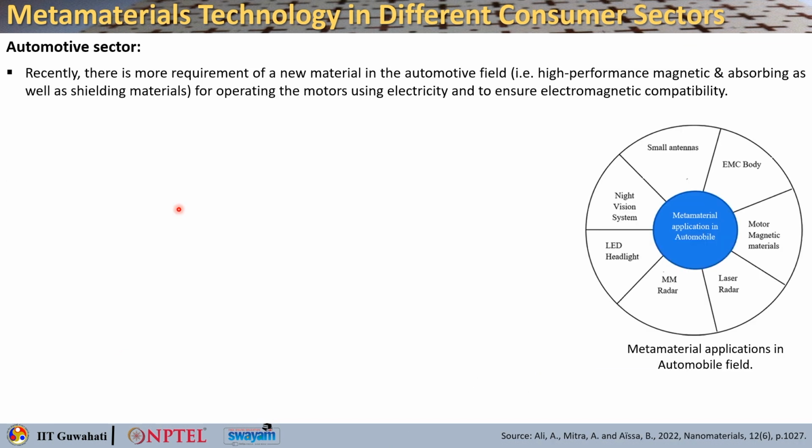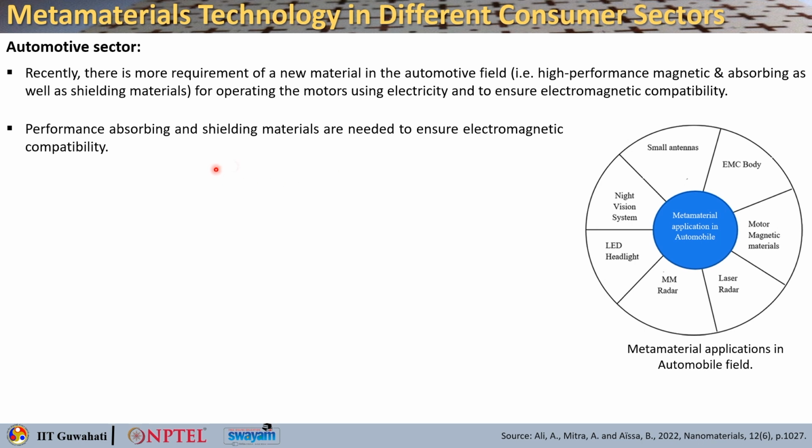In the automotive sector also, metamaterial technology is playing a crucial role. Recently there is more requirement of new materials in the automotive field, where you want high performance magnetic and absorbing as well as shielding material, so that you can operate the motors with electricity and ensure their electromagnetic compatibility.